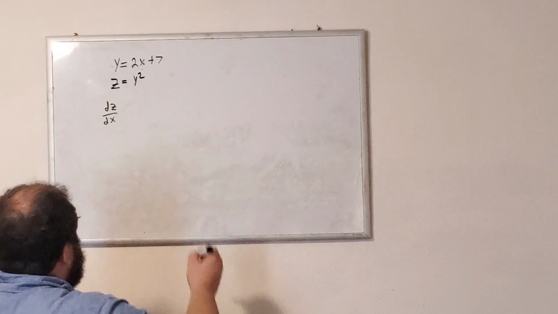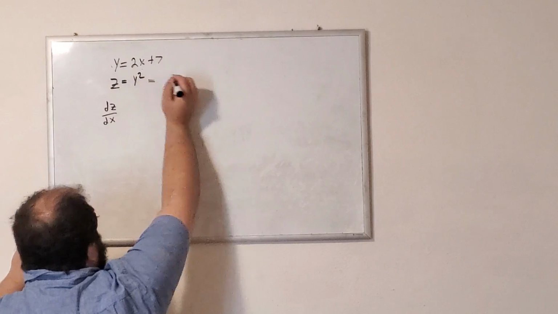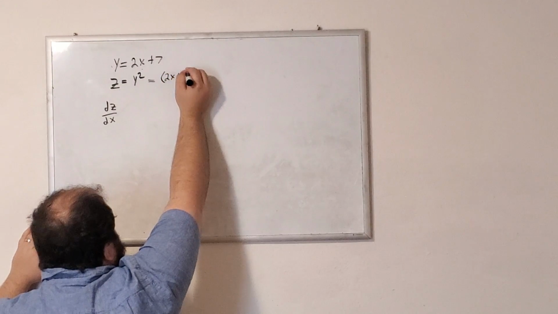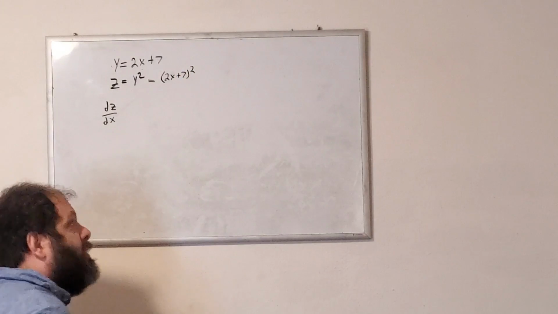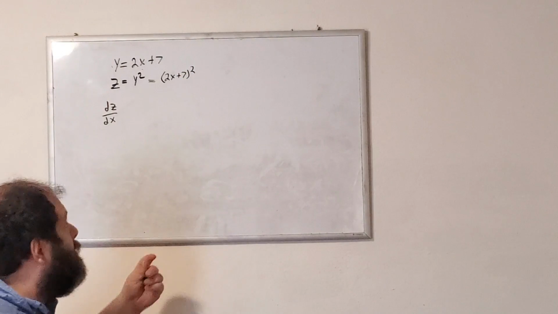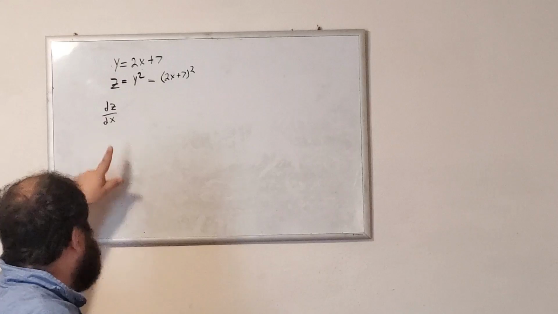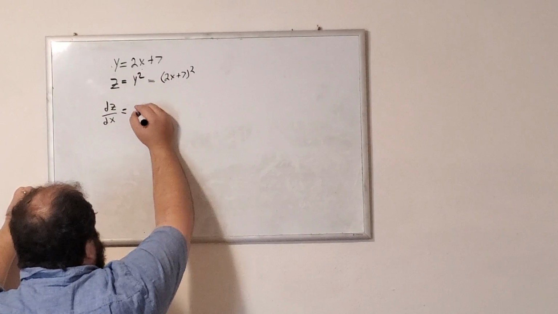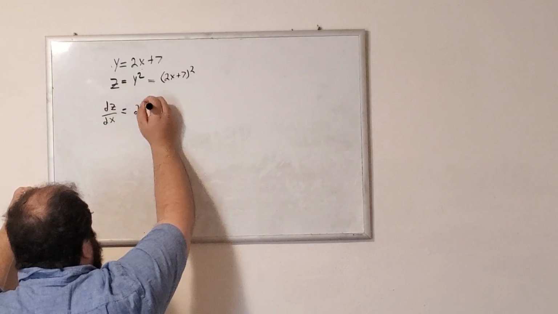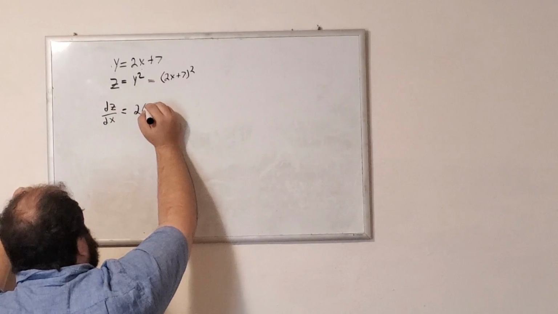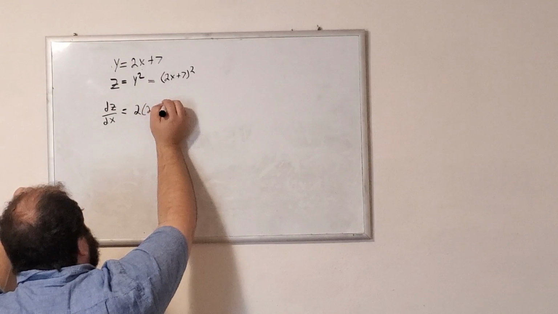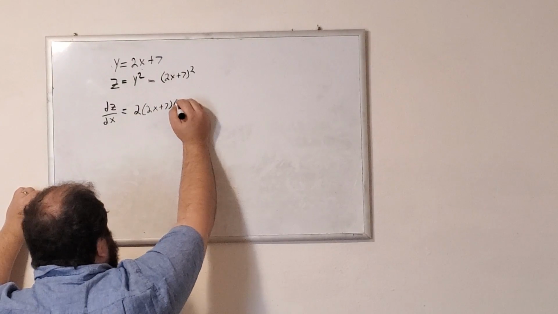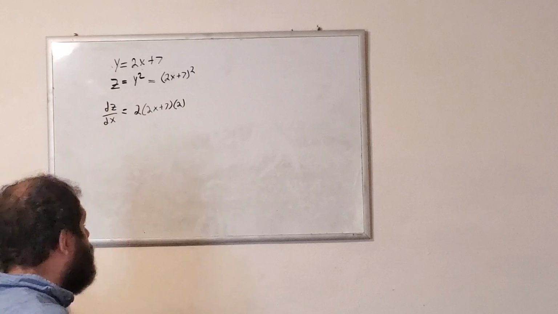We can actually say then that z equals (2x plus 7) squared. And then we can use the chain rule to find this derivative. Of course, dz by dx would be 2 times (2x plus 7), all times the derivative of 2x plus 7, which is 2.